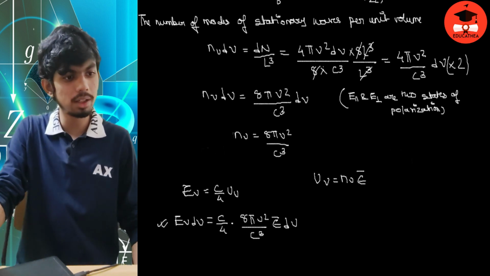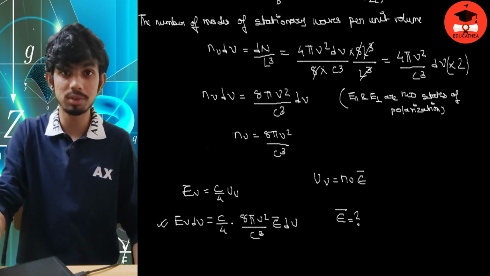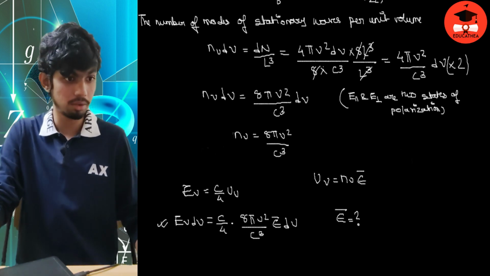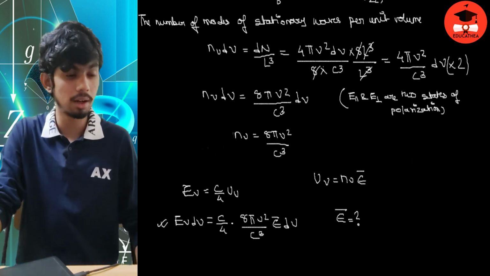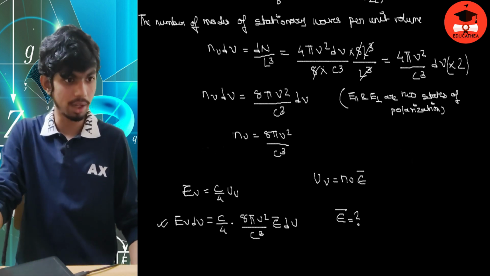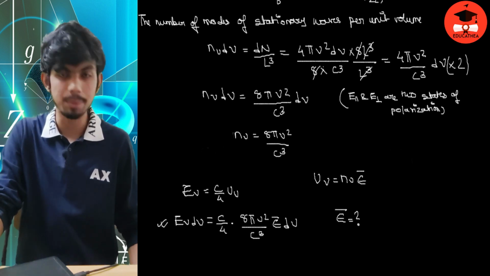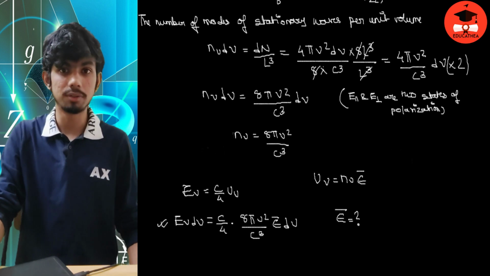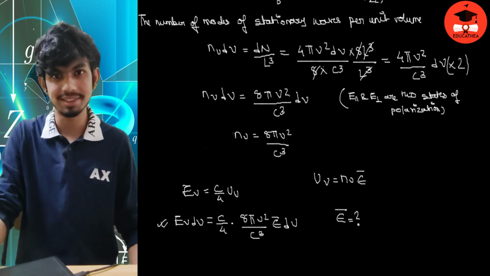Now our job is to find out what epsilon bar is. Now trust me, this is the most difficult job to do, and there were many scientists who actually tried to derive the expression for epsilon bar and they failed. So in our upcoming lecture we will show you how one can calculate the value of this epsilon bar and exactly get the shape of the curve that we had drawn for blackbody radiations.